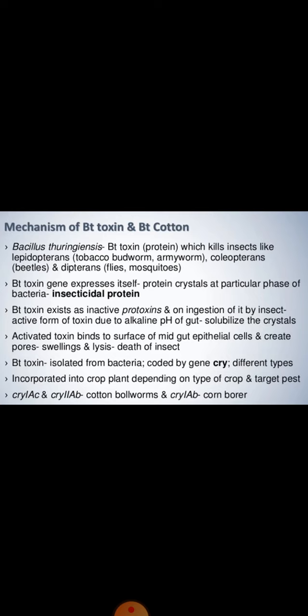Then let's talk about corn borer: for that it is cry1Ab, which acts on corn borer. So these are insect group specific. These toxins are very much specific to insects, and they act on a particular insect only. So this is all about the mechanism of Bt toxin.